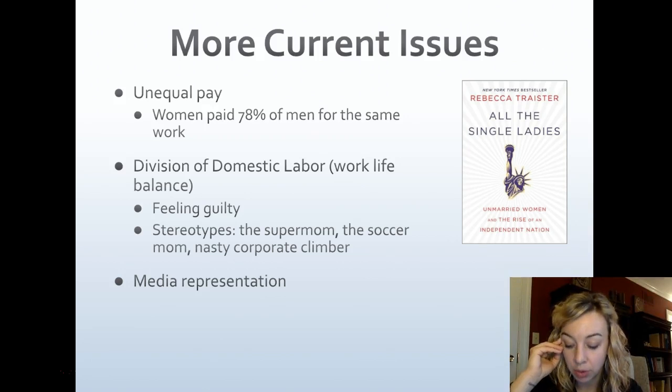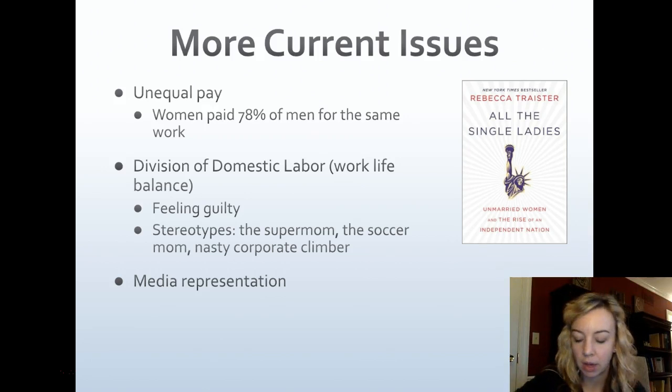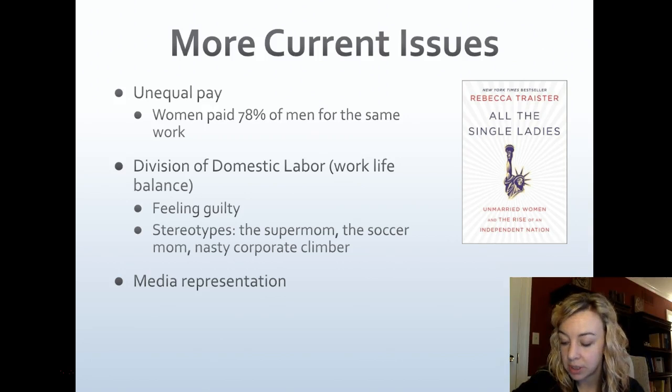Talk radio, sports radio, those are overwhelmingly covered by men. Online news sources, male bylines outnumber female bylines at 4 of 6 sites reviewed.